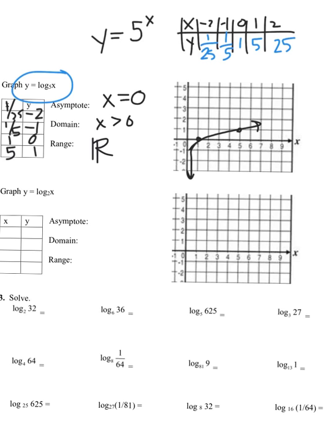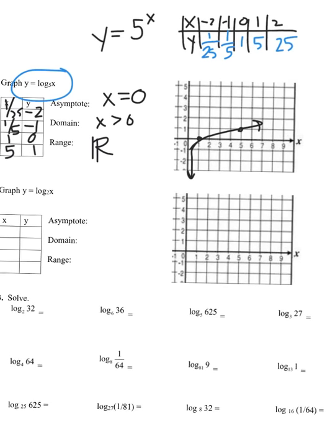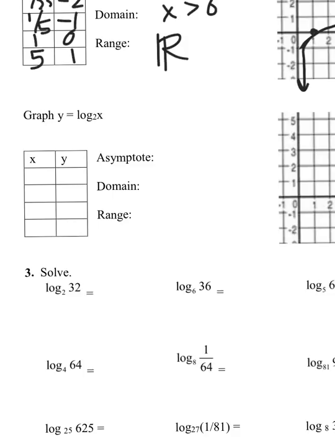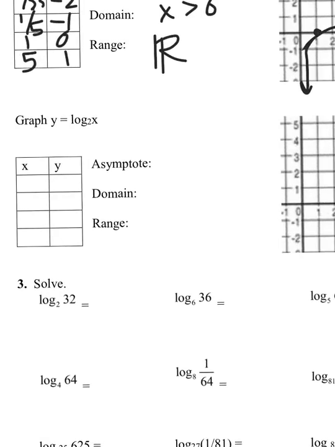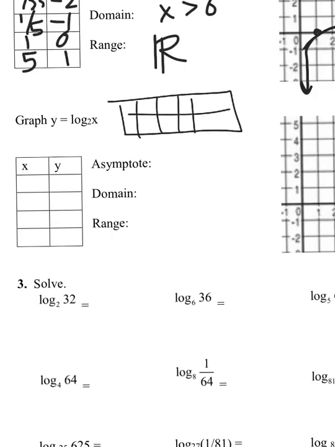So the third one, to graph y equals log base 2 of x, you want to make a chart. Make your chart with the x and the y. You're going to make a chart for y equals 2 to the x, -2, -1, 0, 1, 2.